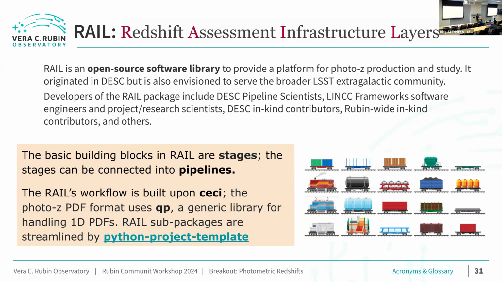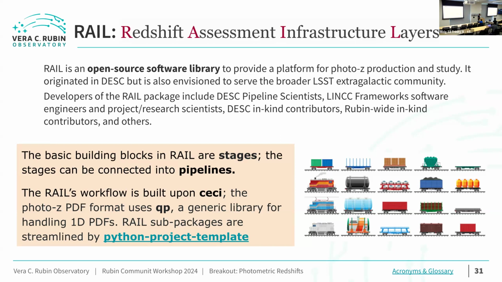For the interest of time, I'm not going into great detail on the technicalities of RAIL, but the basic idea is that RAIL functionalities are built in stages, and you can think of them as carriages of trains. We have different kinds of carriages, but they can all get connected and run on the same rail. So RAIL provides that infrastructure for these different kinds of functionalities.